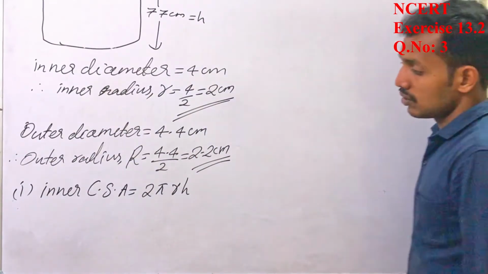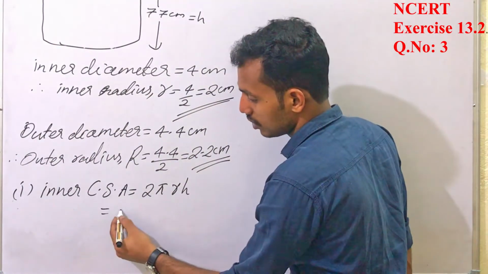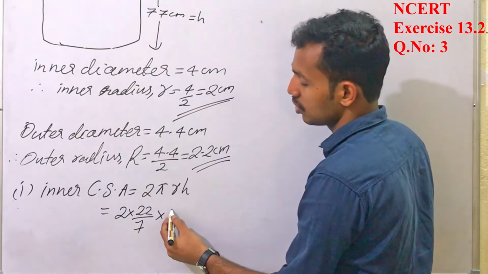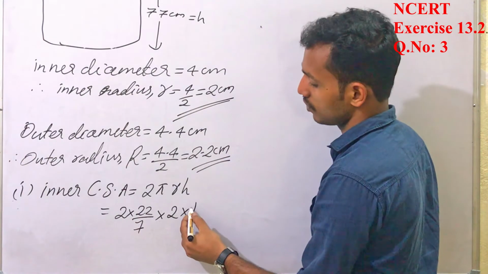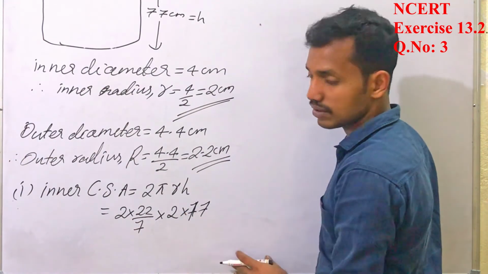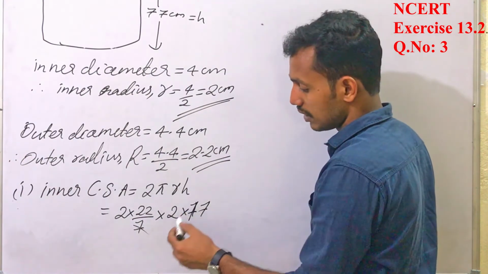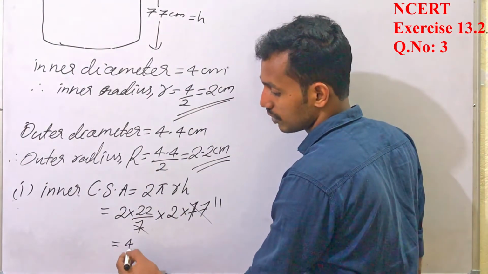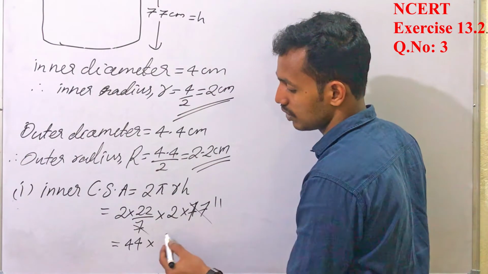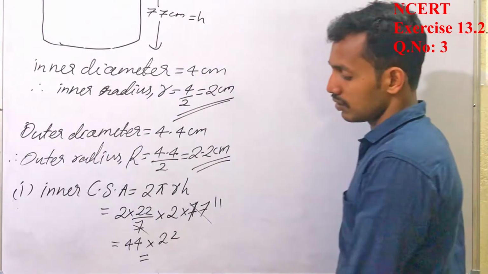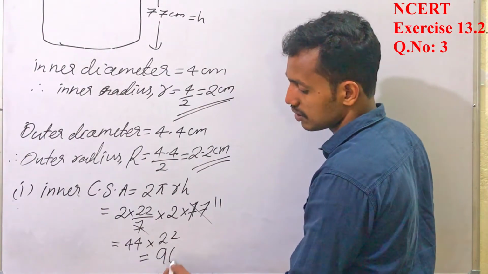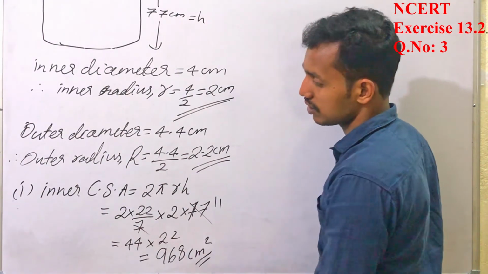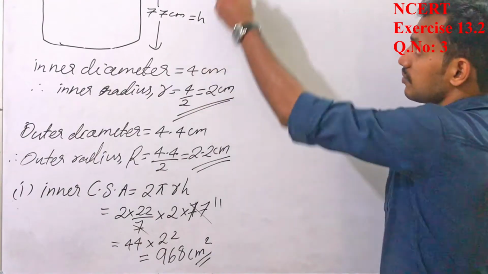So, what will we get? 2 into pi we can substitute as 22 by 7 into radius is 2 into height is equal to 77 centimeter. This 7 cancelled, we will get 11. 2 into 22 is equal to 44 into 2 into 11 is equal to 22, which is equal to 968 centimeter square. This is the answer of first option question.